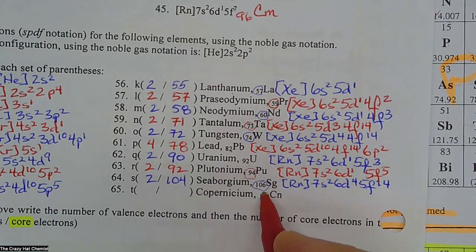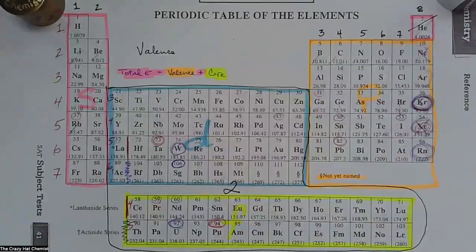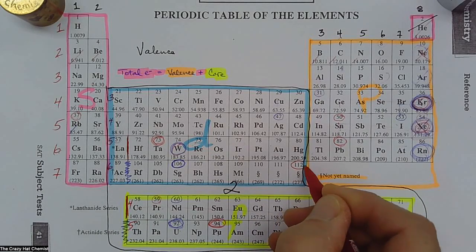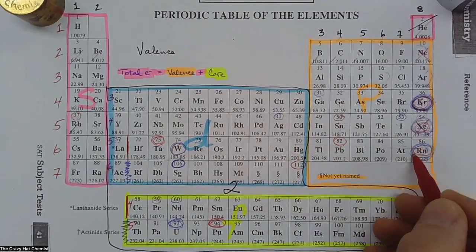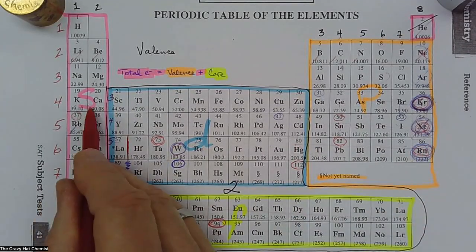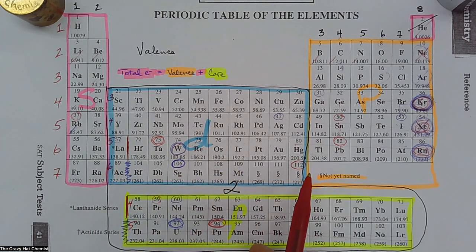Copernicium, that's element number 112, is our last one of this subset. Element 112, that's right here. We're going to go up one period, slam it to the far right. That's radon, and then it's 7s2, 6d1, 5f14, 6d2, 3, 4, 5, 6, 7, 8, 9, and 10.